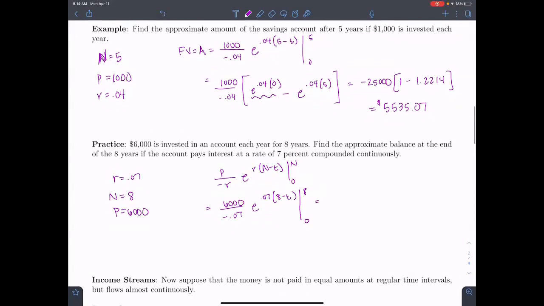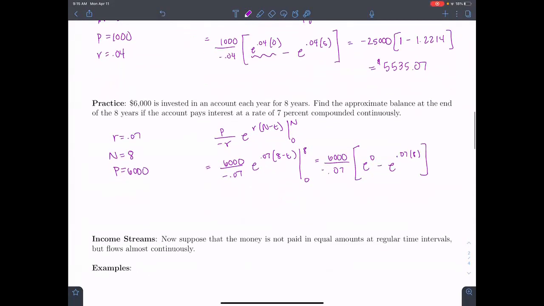Pulling out 6,000 over negative 0.07, plugging in 8 gives 8 minus 8, which is 0, so e to the 0, which is 1, minus e to the 0.07 times 8. When you type that into a calculator, you get $64,343.36.